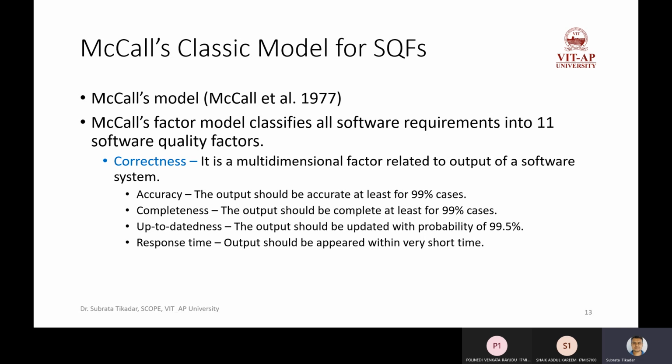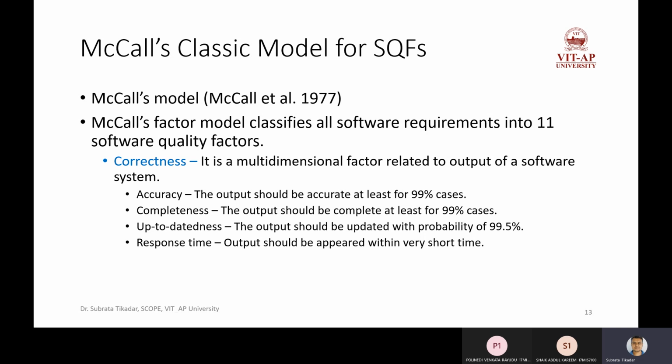That means one or more sub-factors are there, in fact, for this correctness. Because correctness is itself a factor, so these are the sub-factors for this correctness factor. So that's why it is called a multidimensional factor. All these dimensions are related to the output of the software system.